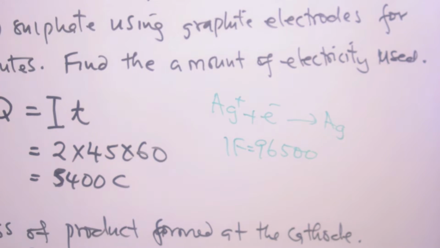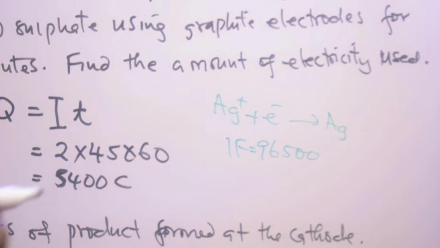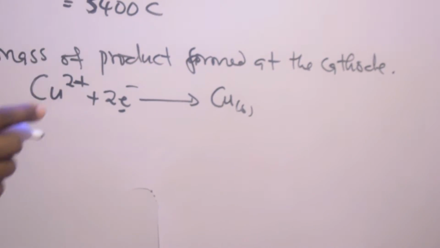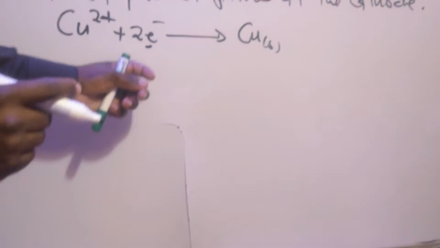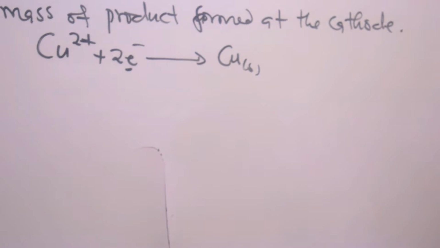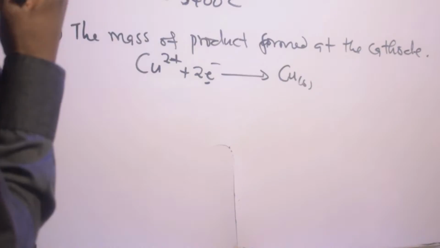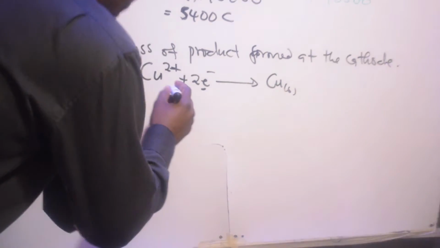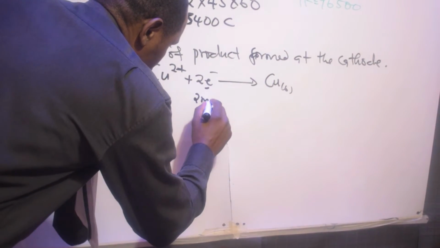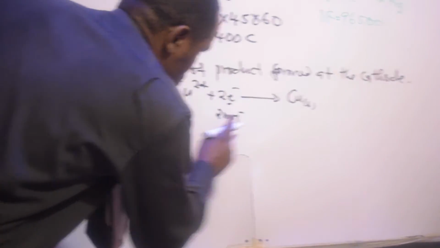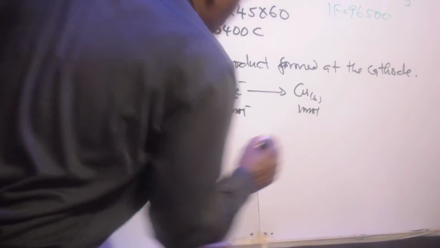Now, to work this out, I want us to think about a divalent ion like this, which requires 2 electrons. It requires 2 electrons to form 1 mole of copper. In this particular case, I require 2 moles of electrons to form 1 mole of copper.